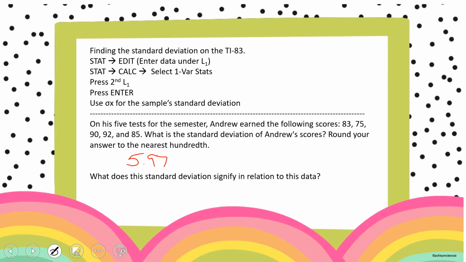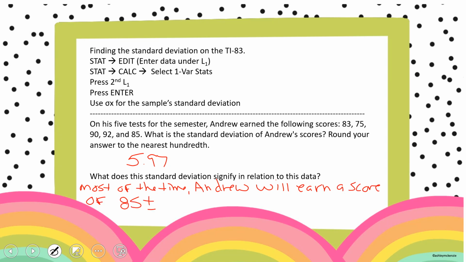So what does this signify? What that signifies is Andrew's average test score is 85. So most of the time, Andrew will earn a score of 85 plus or minus 1 standard deviation.